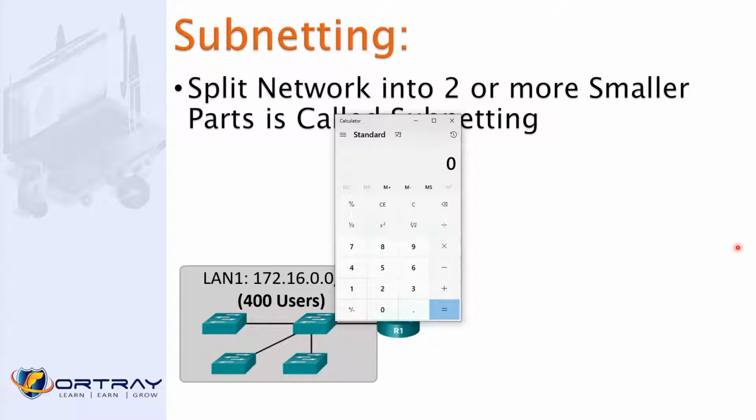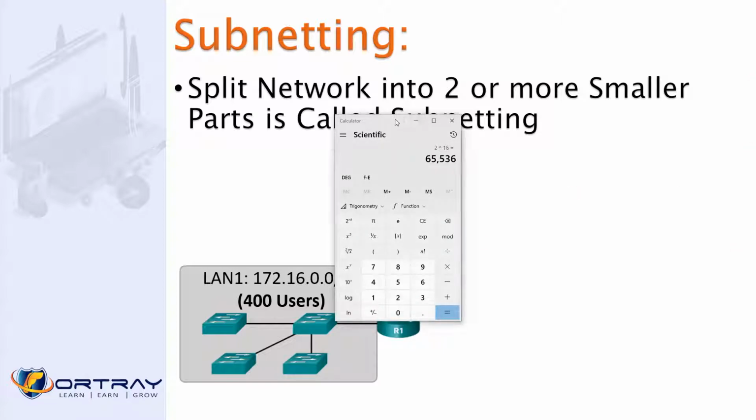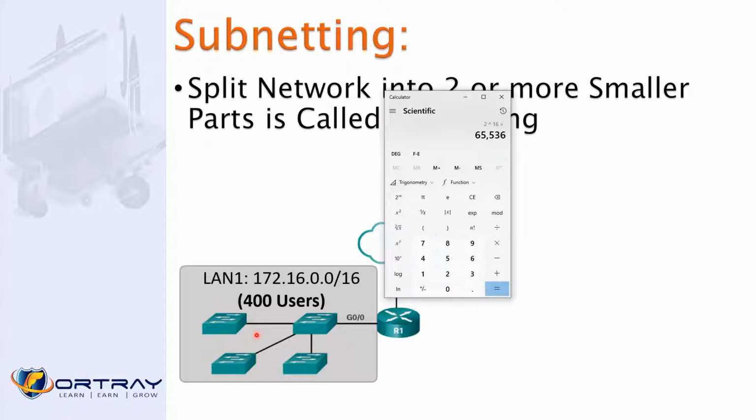If you say 2 raised to power 16 in this subnet mask, there are only 400 live devices, live PCs, live telephones. But how many IP addresses are we using? 2 raised to power 16 gives you around 65,000 IP addresses, minus 400. Effectively you are wasting these IPs, because these IP addresses cannot be assigned to any other machine in your network. So effectively that range is almost gone.